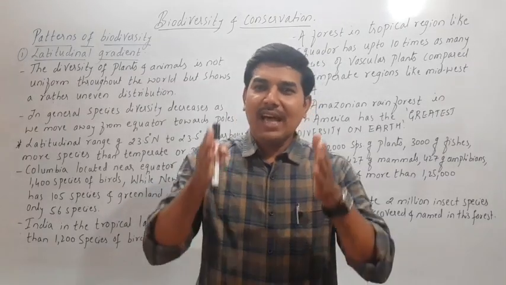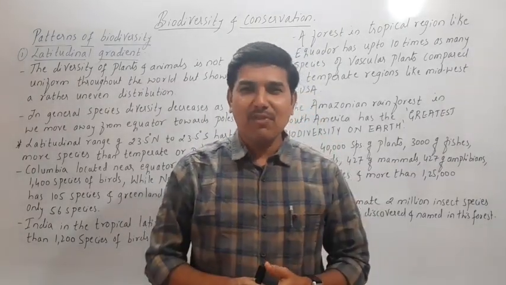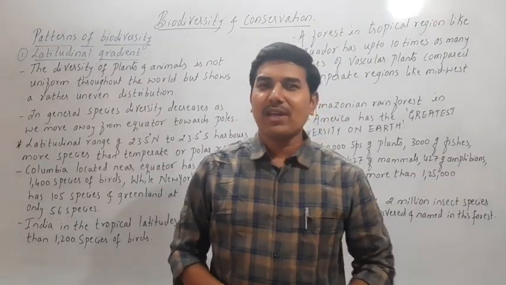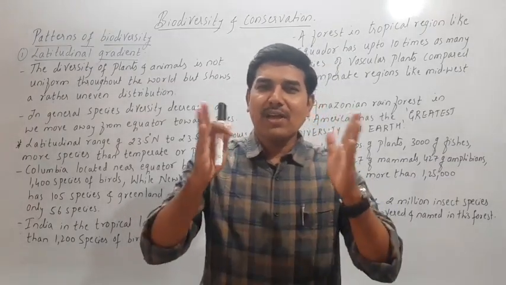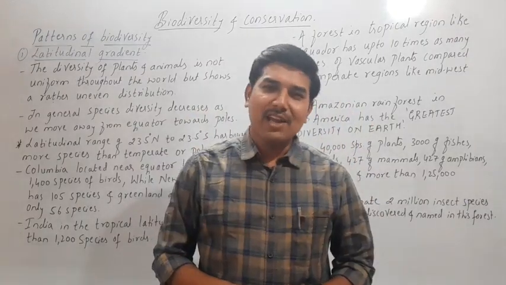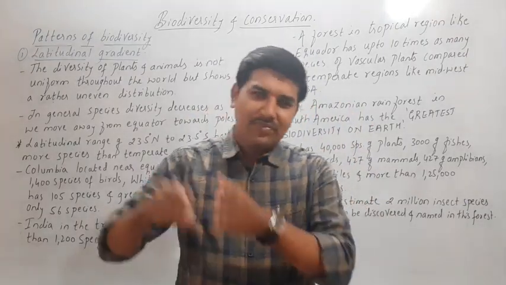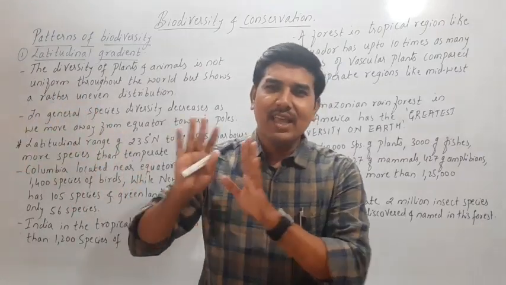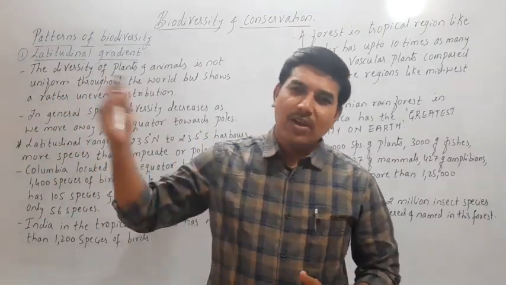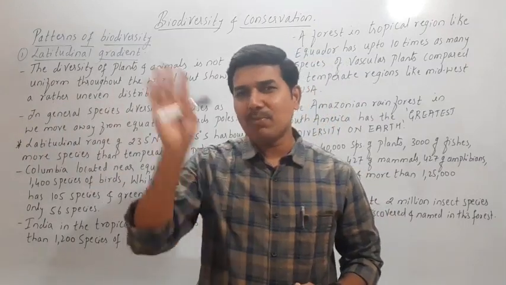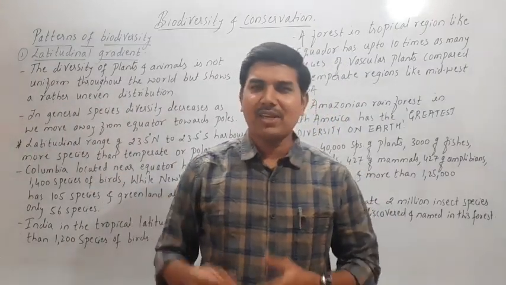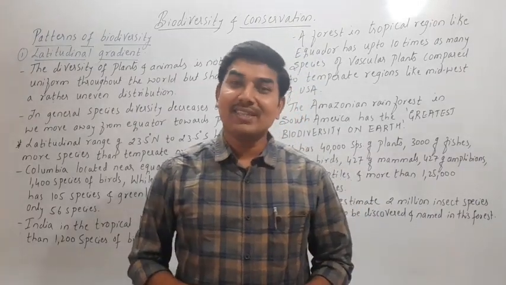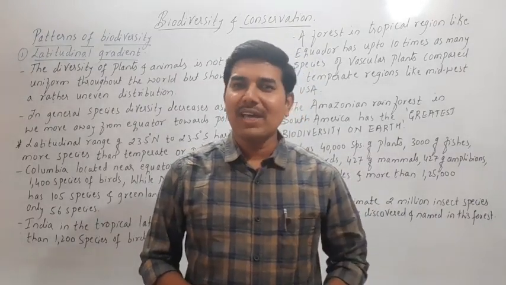As the temperature is feasible for the sustenance and survival of organisms, this tropical region harbors a lot of species. Then comes the temperate region, then the polar region. Temperate regions have less biodiversity, and polar regions have the least biodiversity, because the climatic condition is frozen and not suitable for the sustenance of a majority of life.